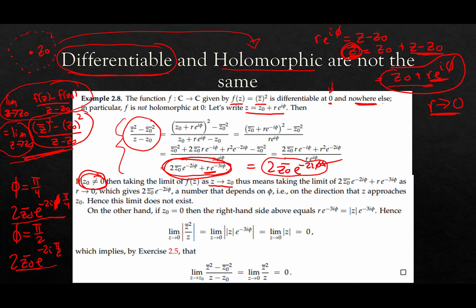Now to prove that this function is differentiable at 0, you actually need another exercise, 2.5, which we're going to prove part of in a second. But the general gist is if z naught is equal to 0, then our difference quotient just becomes z, the conjugate of z squared over z, which unfortunately doesn't cancel out very nicely.